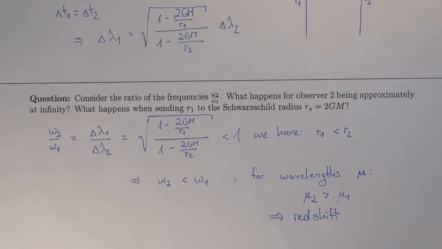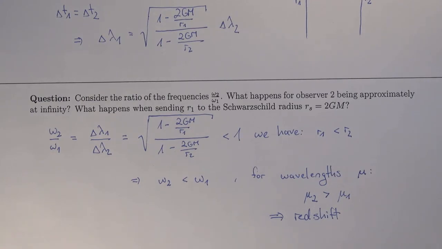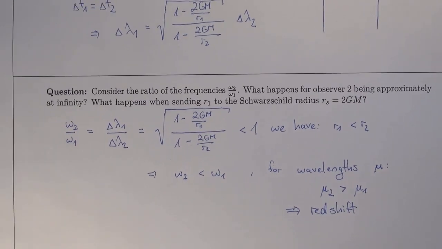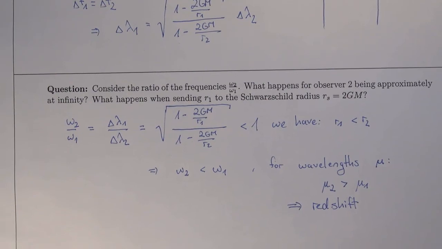Now we look at what happens if observer 2 is approximately at infinity. For a Schwarzschild spacetime, that means he is sitting in approximately flat space.